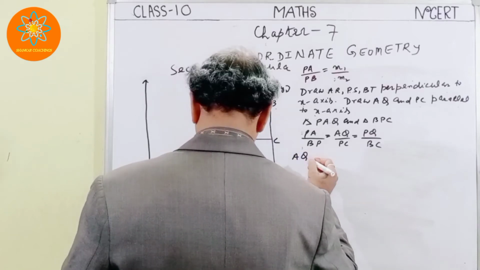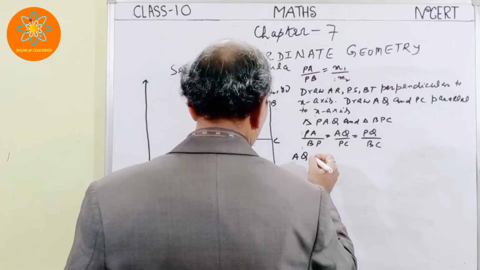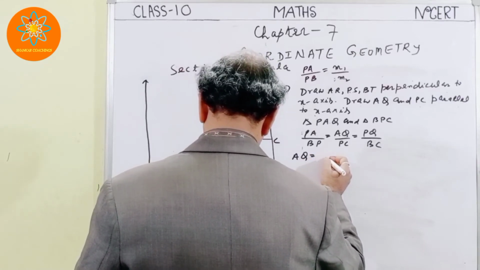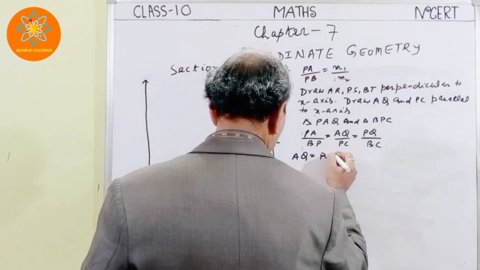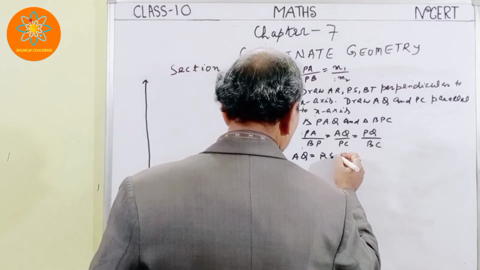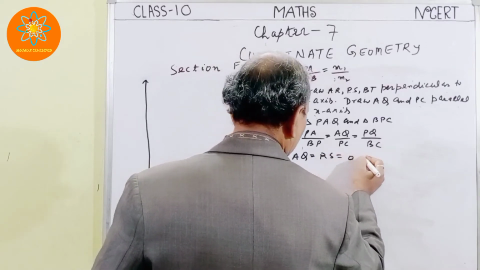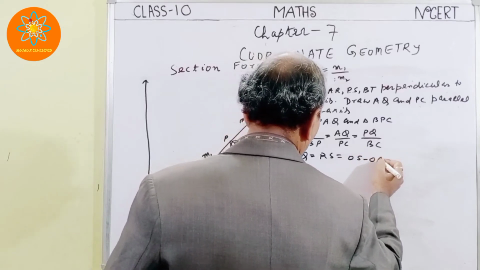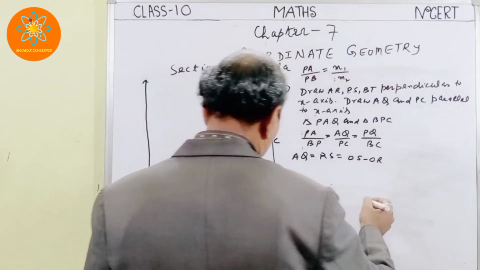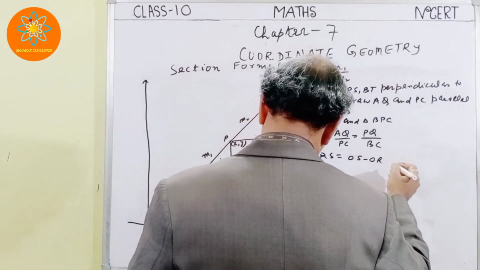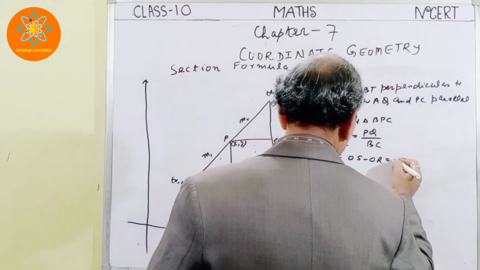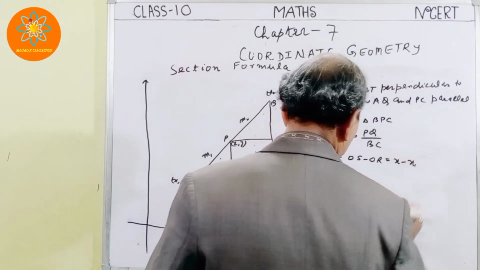This AQ is equal to RS, which is equal to OS minus OR, and we can write it as X minus X1.